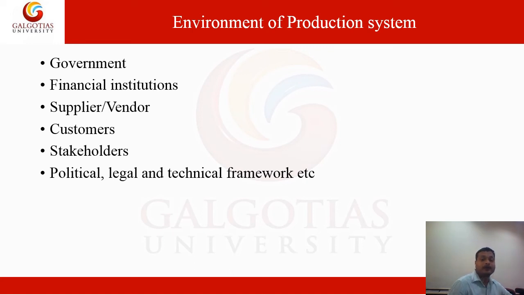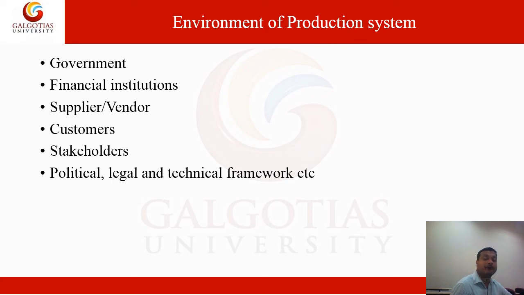And the third participant of this production system in the environment is supplier. Supplier is a company or a group of companies providing raw material to us. And finally, the fourth participant, that is customers. Every product is being produced for the end customers. Stakeholders are also associated with this environment.